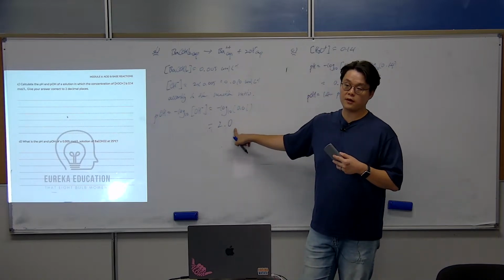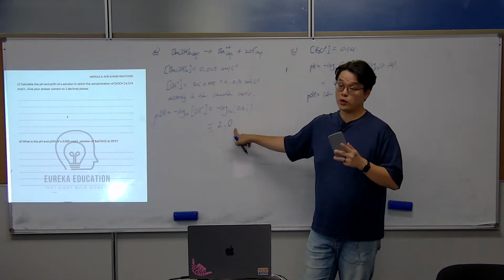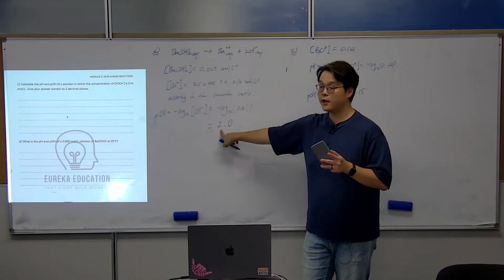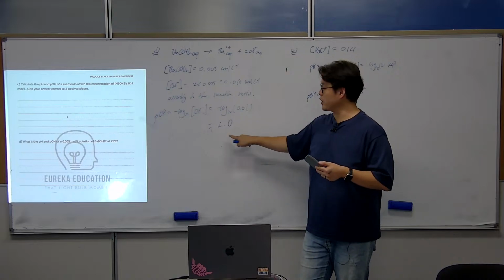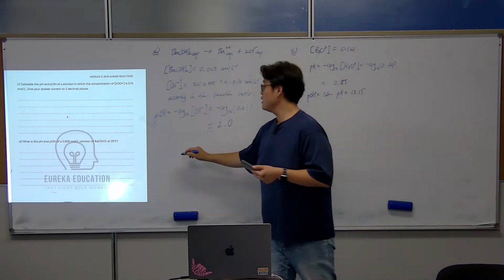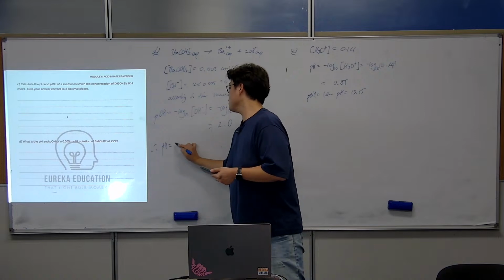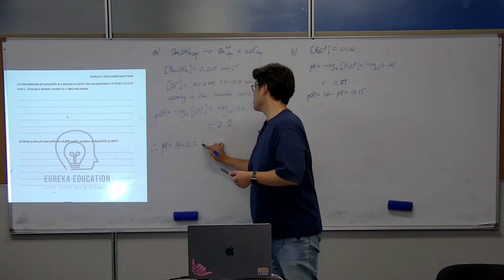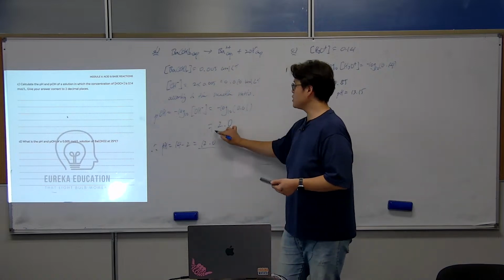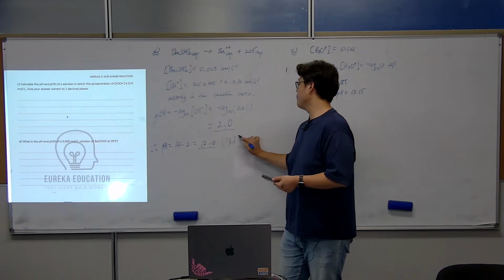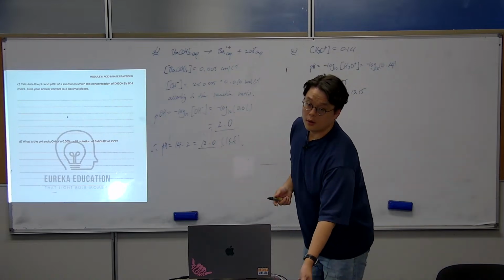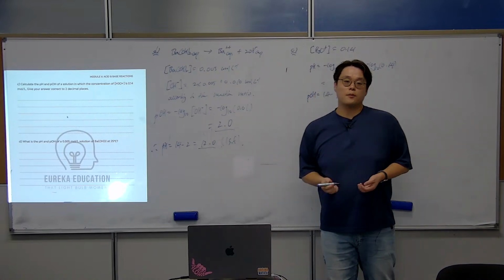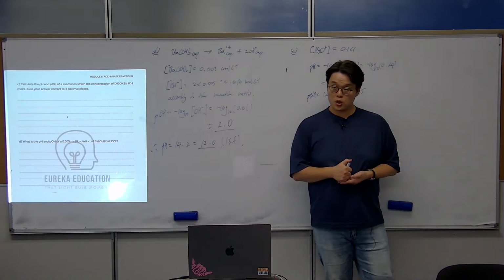Again, we don't count the number at the front, before the decimal point, when you count the decimals as sig figs. Therefore pH must be 14 minus 2, which gives you 12.0. This is 1 sig fig as well. That's how you need to deal with the pH and pOH.